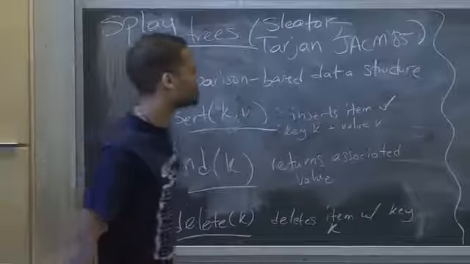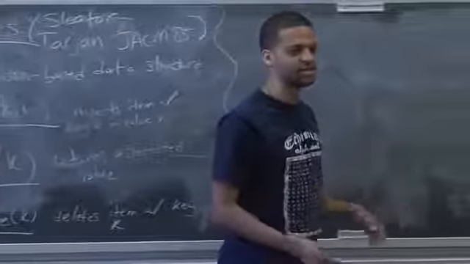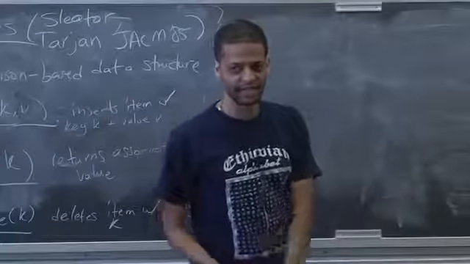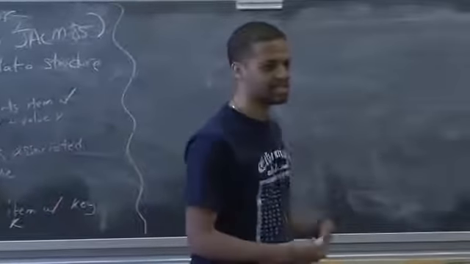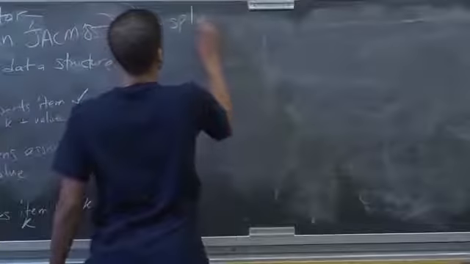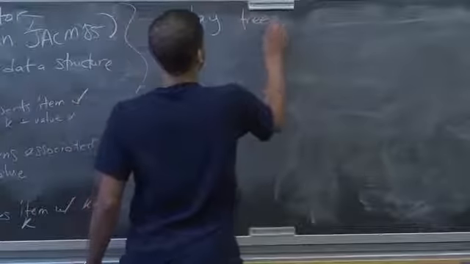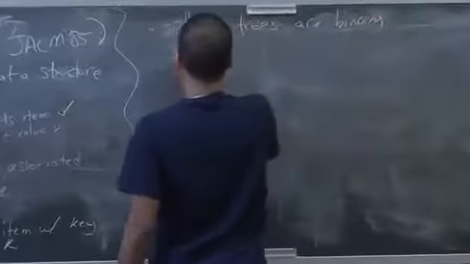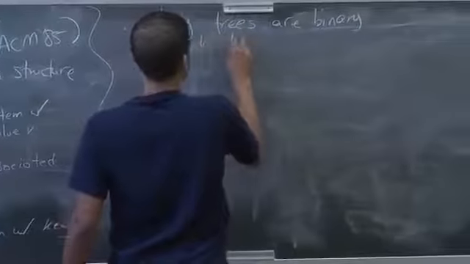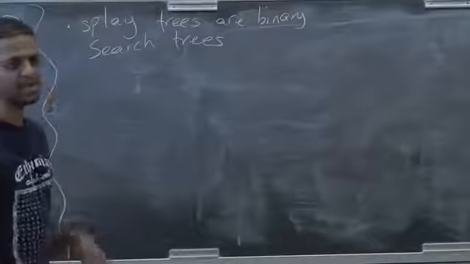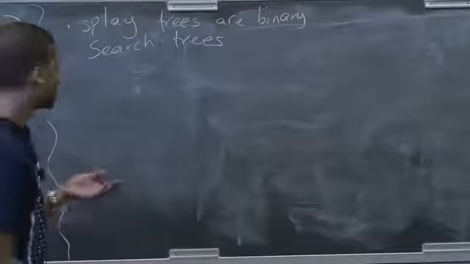So what are splay trees? So people have seen, I hope, some form of balanced binary search tree, like maybe a red-black tree, AVL tree, something like that. So a splay tree is, again, some binary search tree. Splay trees are binary search trees. But after every operation, we do some amount of rebalancing.